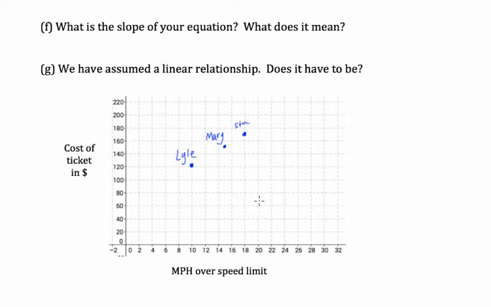So does this look like a linear pattern? To me it does. It looks like these are in a straight line, and we'll talk a little bit about that later. Would they have to be in a straight line? Okay, we'll talk about that after a while. But for now, we have our Lyle, Mary, and Stu all in a line. So let's go back to our problems.